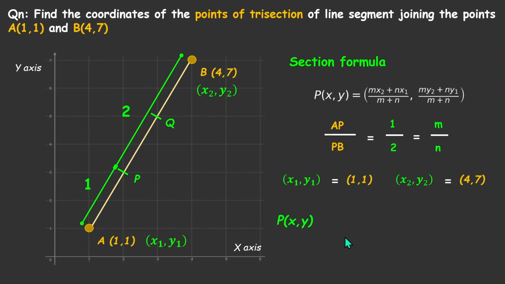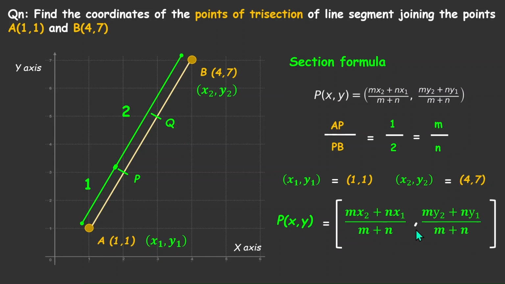So we have P(x, y) is equal to (m x2 plus n x1) divided by (m plus n), comma, (m y2 plus n y1) divided by (m plus n). Now all we need to do is plug in the values. Here m is 1, so we have 1 here. x2 is 4, so we have 4 here. n is 2, so we have 2 here.